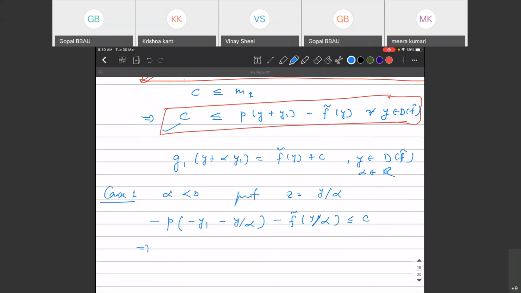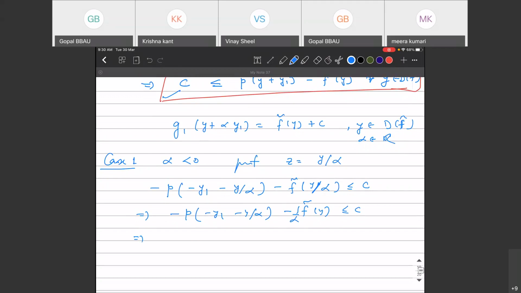This implies minus p of y1 minus y by alpha minus 1 by alpha f tilde y is less than or equal to c.